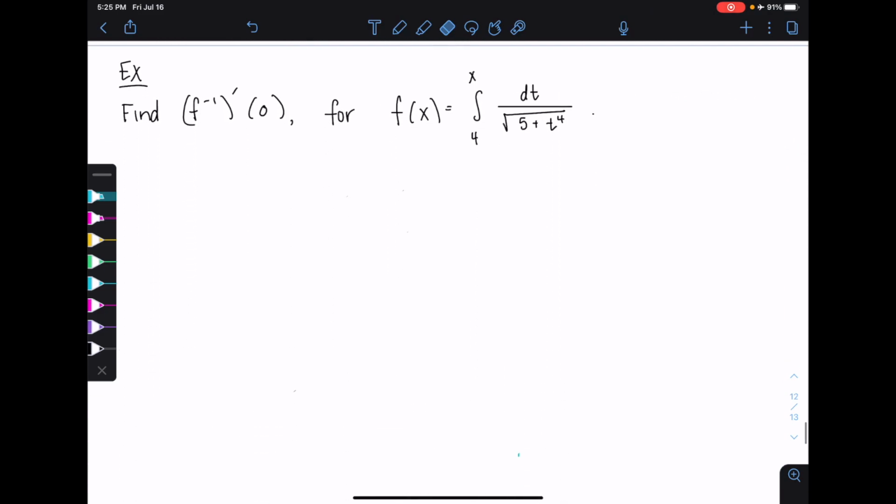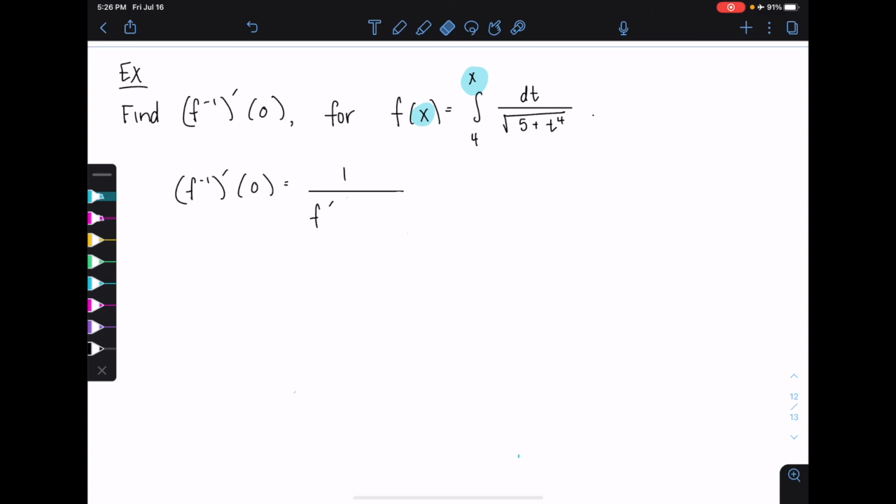Let's try one more. Same thing again, I want to find the derivative of the inverse evaluated at 0 for this particular function. And now we run into some fun problems because the input is going to be a bound in our integral. So using our same process, if I want to take the derivative of the inverse, it's going to be 1 over the derivative of the original function evaluated at the inverse evaluated at 0.